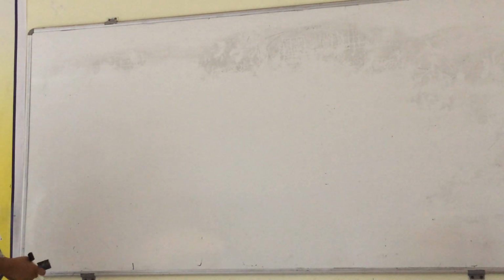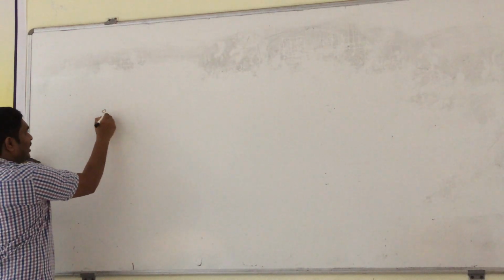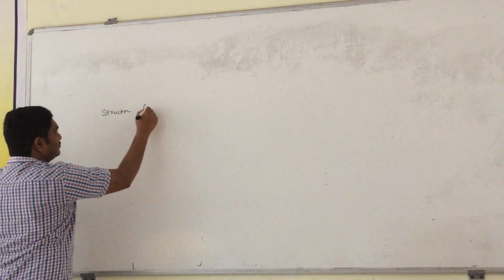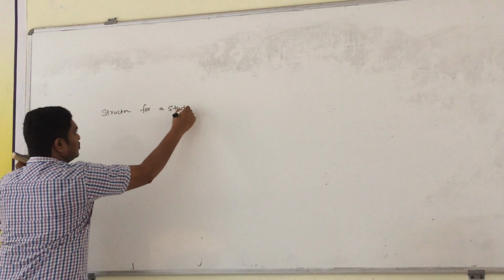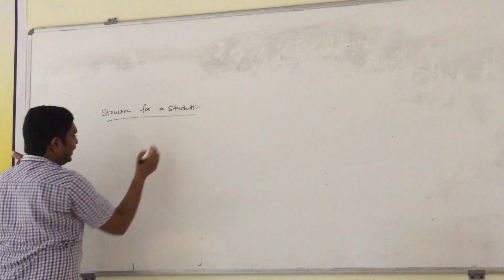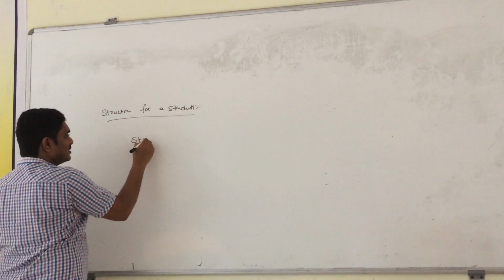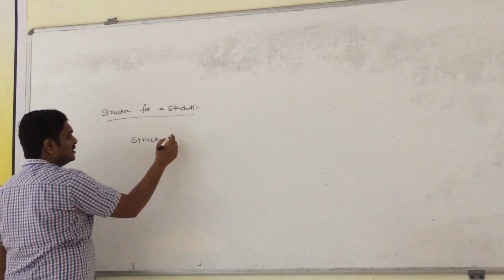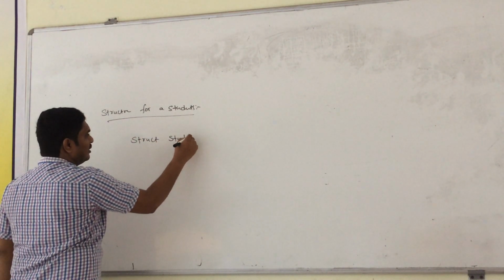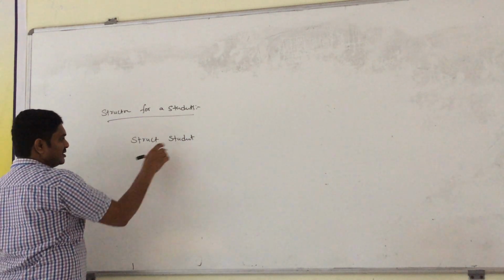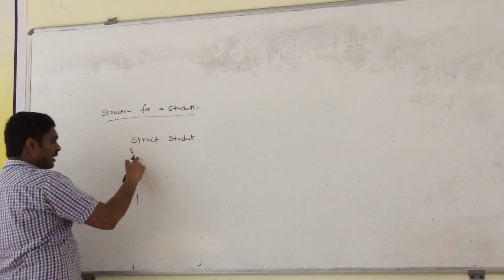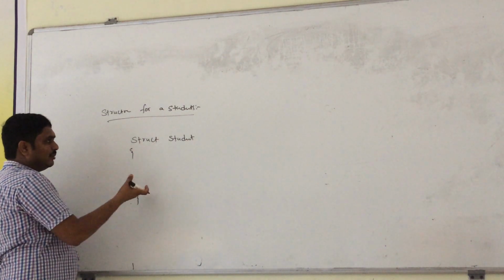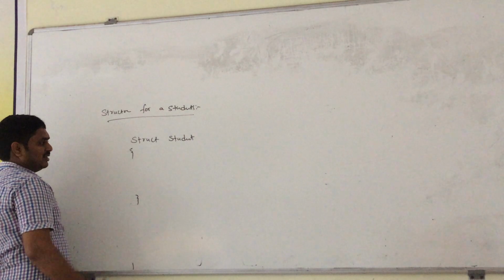Next, coming to the example. Here I am taking a structure for a student. The syntax starts with the keyword struct and the structure name, which is student. This is the structure name, and in between the curly braces we take the structure elements.